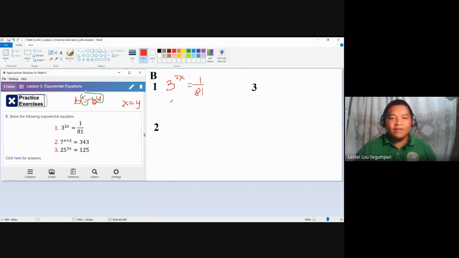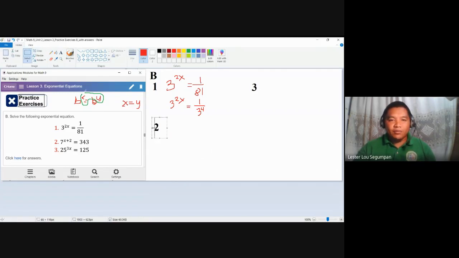In this case, you have 3 to the power of 2x is equal to 1 over 3 to the power of 4. Why 3 to the power of 4? Because 3 times 3 is 9, times 3 is 27, and times 3 you have 81. You need 4 threes multiplied to each other to get 81. That's why you have that expression.